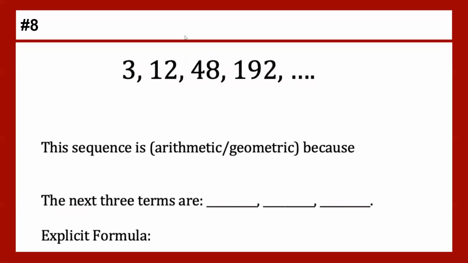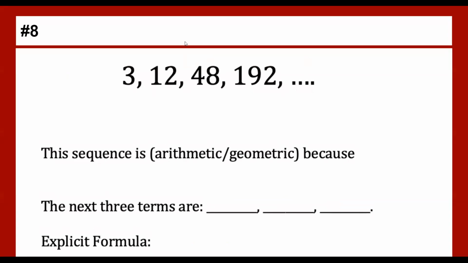All right, let's do this one. I need to identify if it's an arithmetic or geometric sequence. So I could say, okay, well here I'm adding 9, but I'm definitely not adding 9 to 12 to get 48. So how could I figure out the common ratio here? You might be able to do some mental math and say, oh, well, 3 times 4 is 12, 12 times 4 is 48, right?